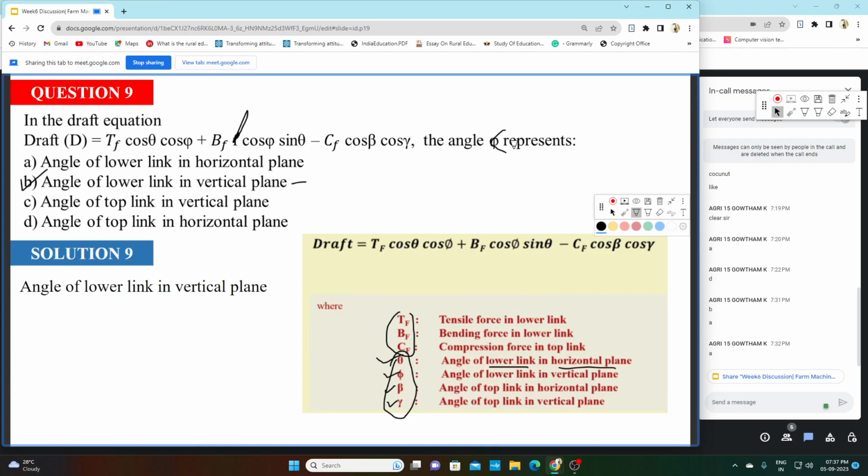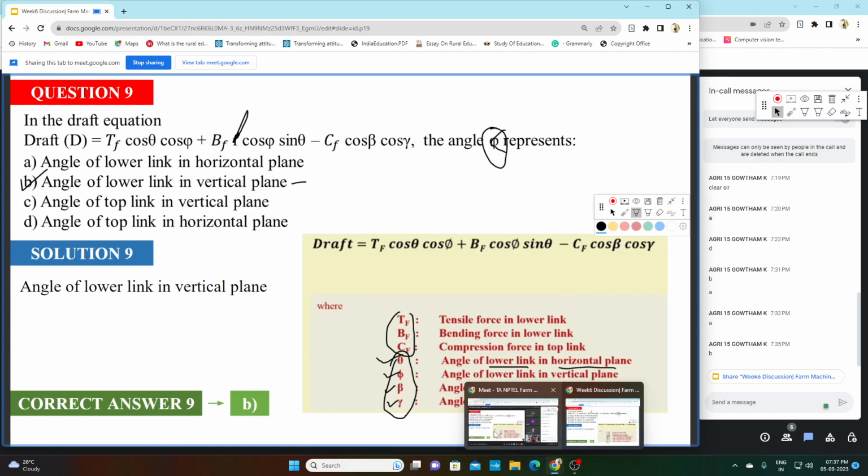And in the question we have been asked about phi. So phi is the angle the lower link is making with the vertical plane. So option B is your correct answer. Okay, B is your correct answer. So is this clear to all of you? This question?